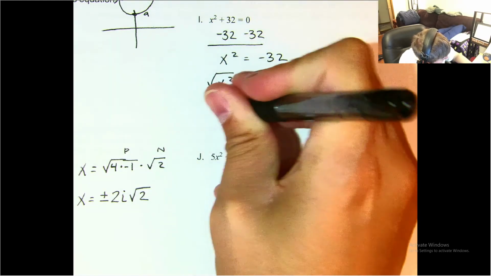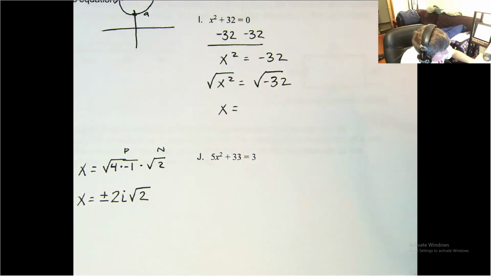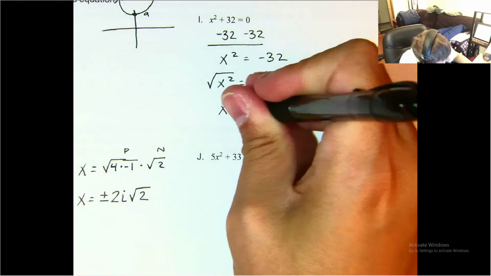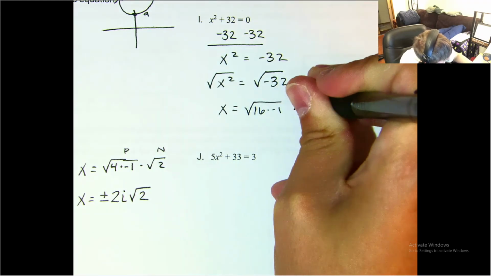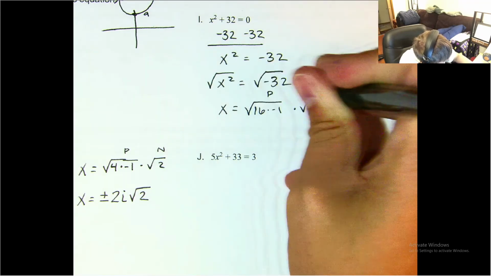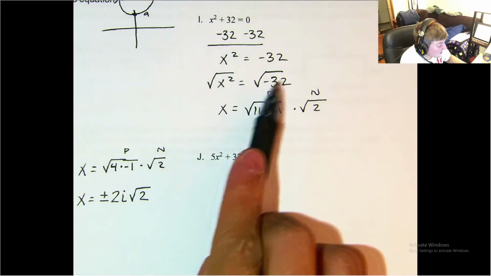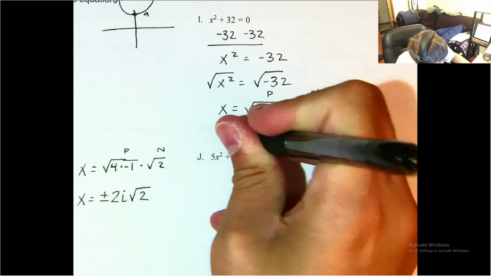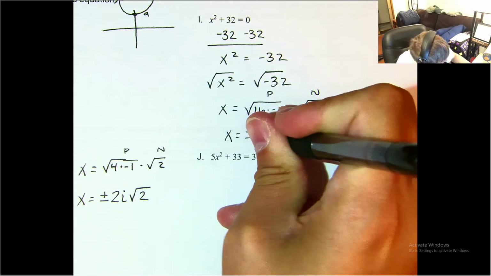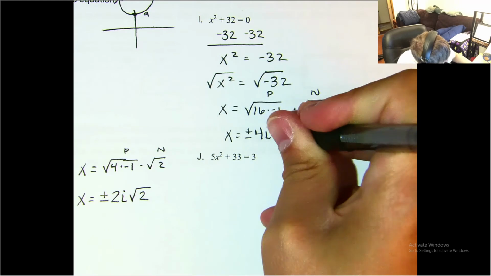To find that x is equal to, okay, this is a non-perfect square, so we're going to have to split this up into perfect squares times non-perfect squares. The largest perfect square that divides into 32 is 16. Okay, so then we can split this up and say that x is equal to plus or minus 4i square roots of 2.